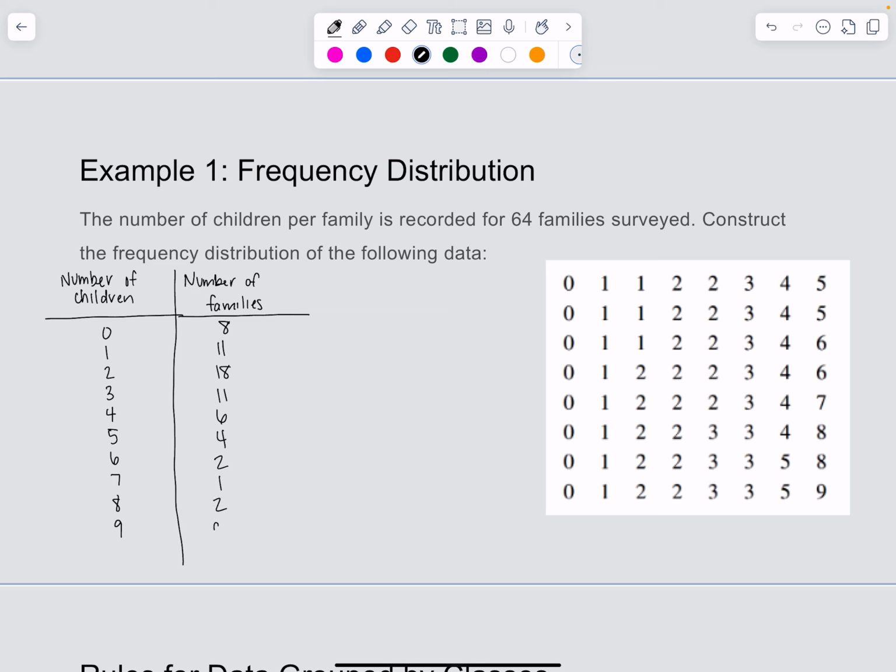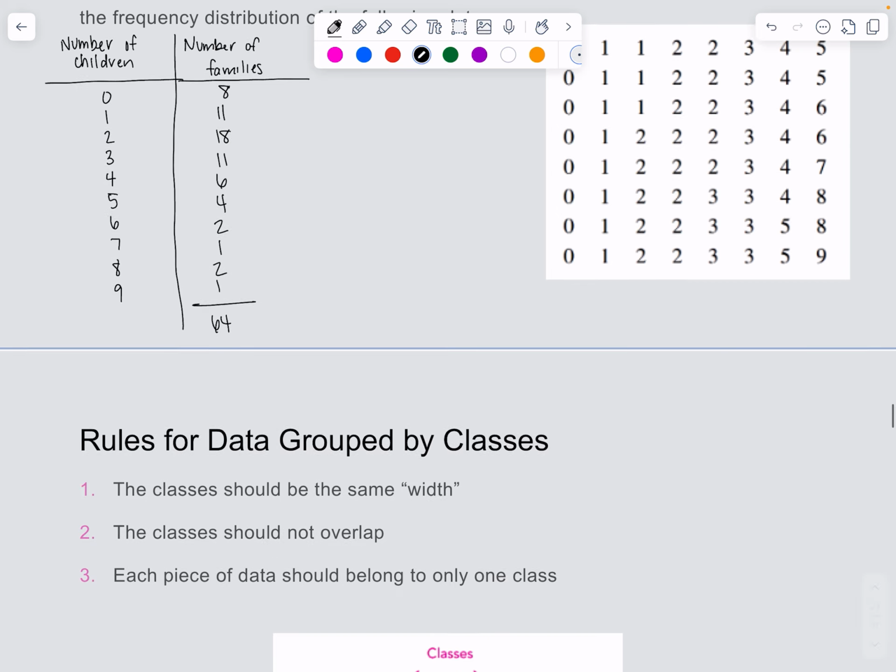And 9 happened 1 time. And if we add those all up, we'll get back to all 64 families. That's our frequency distribution, how frequently did the data happen.